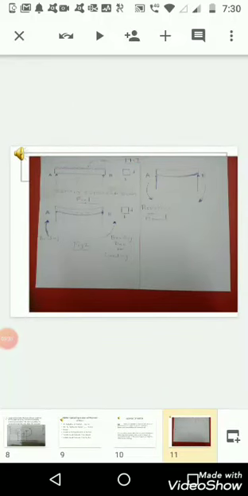Now in this diagram I have drawn, we have a simply supported beam. AB is a simply supported beam on which external loading UDL, that is uniform distributed load, is there. Its cross section is a rectangular section with width B and depth D. Because of uniform distributed load, there is a bending moment on the beam.